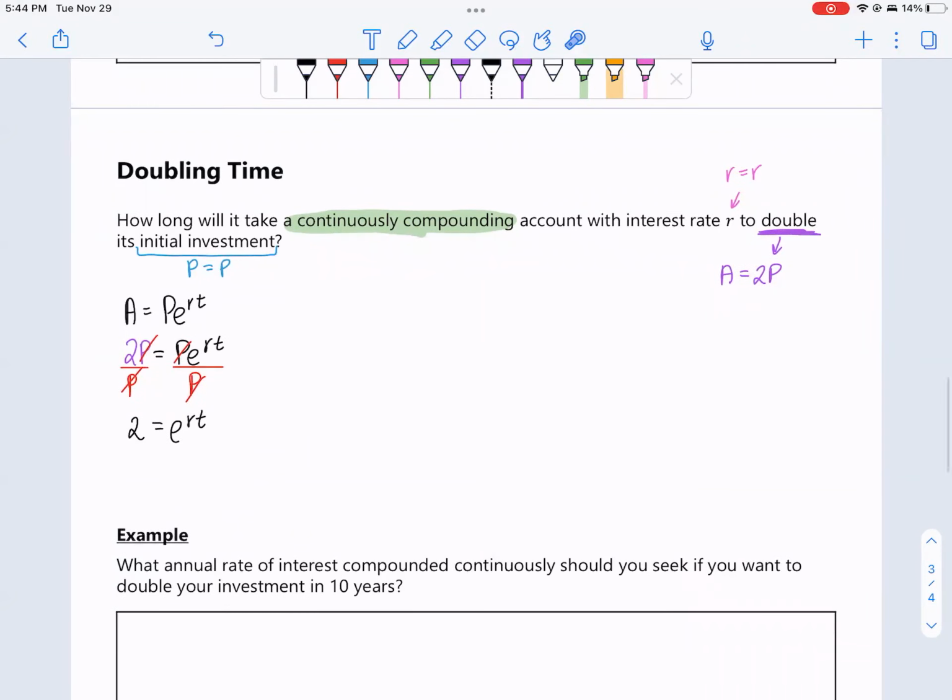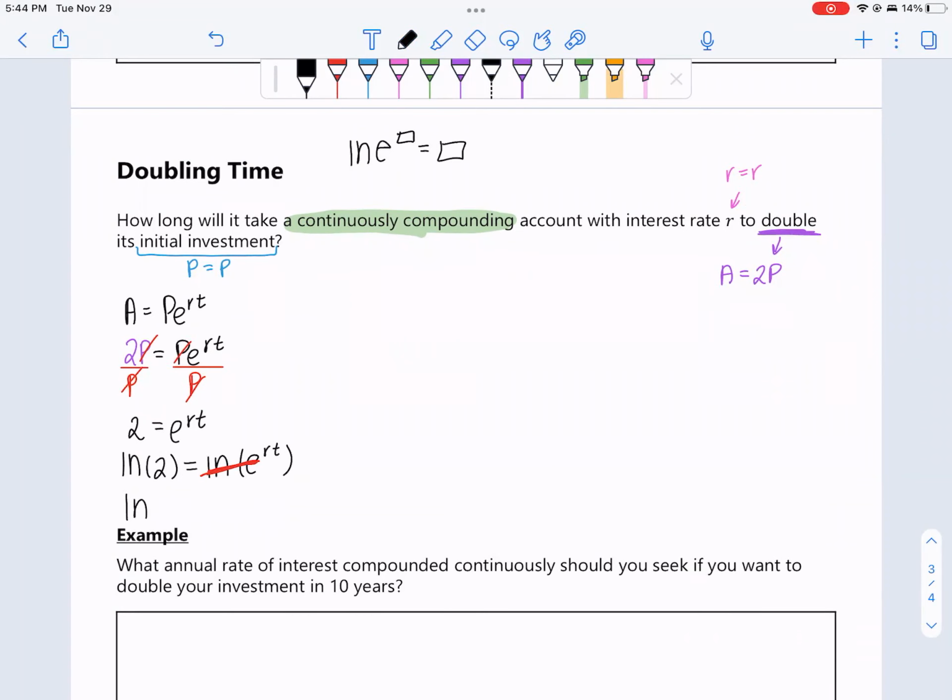Right, so I'm going to take ln on both sides here. So we have ln of 2 is equal to ln of e raised to the RT. Remember, ln of e raised to the whatever is equal to the whatever. We've said it a million times. The ln and e cancel.